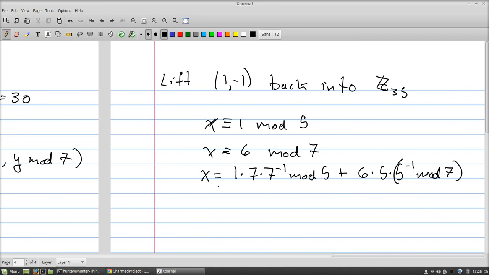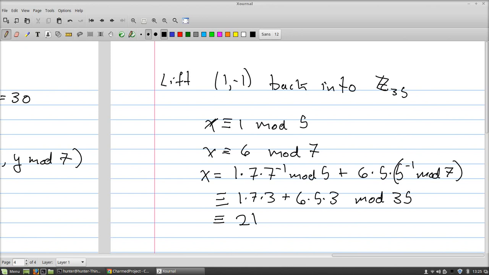And we've already figured out what these numbers are. So the inverse of 7 mod 5 is 3. And the inverse of 5 mod 7 is, what did we say that was? 3? Also 3? That makes sense, right? So this is plus 6 times 5 times 3, and this is all mod 35, so this is really a congruence. So what is it?